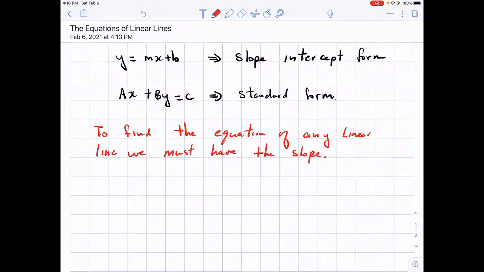The slope is going to either be directly given to you or indirectly given to you. Directly given means I can say the slope of the line is 2. Indirectly, we can say a horizontal line, because we know that for a horizontal line the slope is 0, or a vertical line, where the slope is undefined. So one thing for sure is that we need to know the slope.